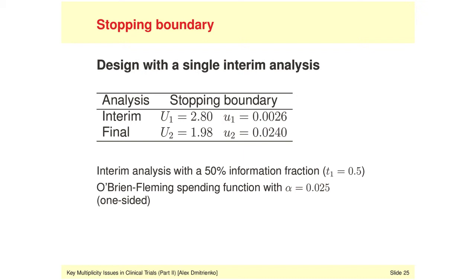The overall alpha level, one-sided alpha level, is set to 0.025, and we will assume that the interim analysis will be taken after 50% of the information is collected, so the information fraction here is equal to 0.5. The adjusted significance levels, as we have seen before, for this alpha spending function are equal to 0.0026 at the interim look and to 0.024 at the final analysis.